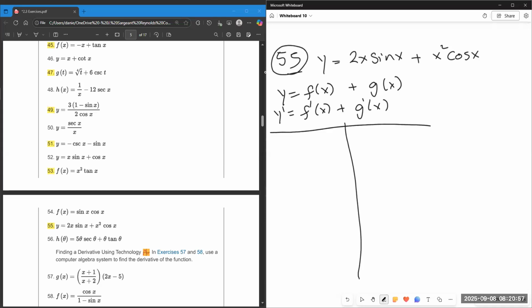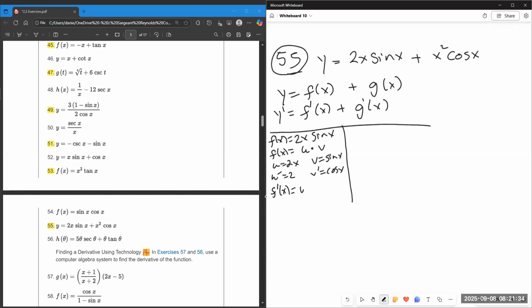F of x is equal to 2x sine x. So f of x is equal to a u times a v, with u being equal to 2x and v being equal to sine x, u prime being 2 and v prime being cosine, and f prime of x is u prime v plus v prime u.